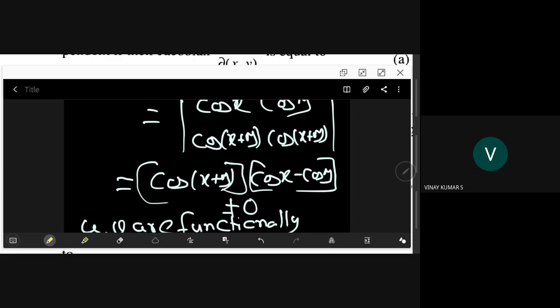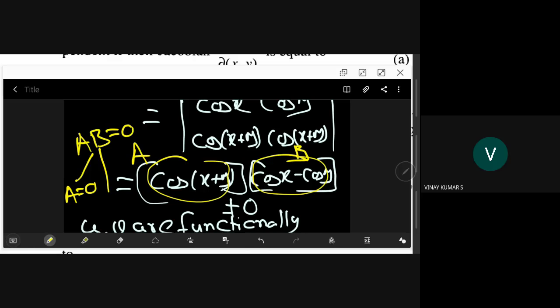See, you have this is A, this is B. A into B is equal to 0 means either A is 0 or B is 0. Both cannot be 0, because cos x and cos y.